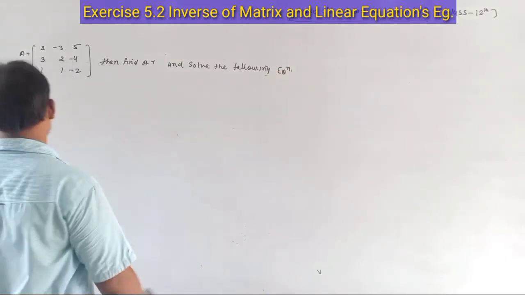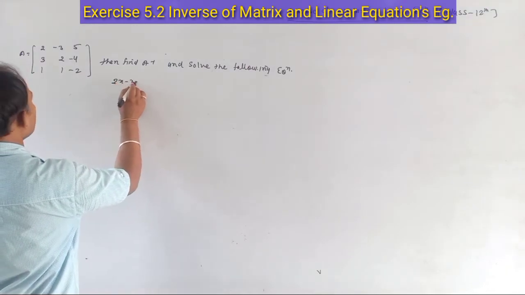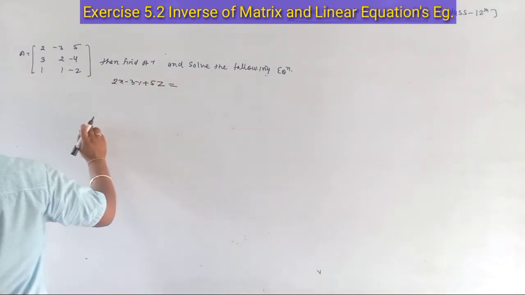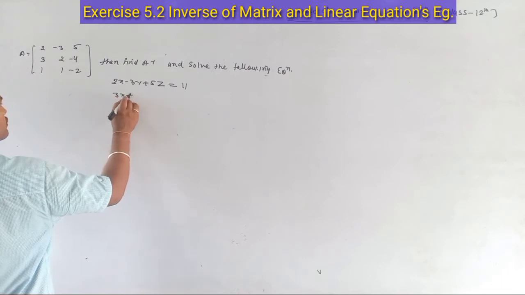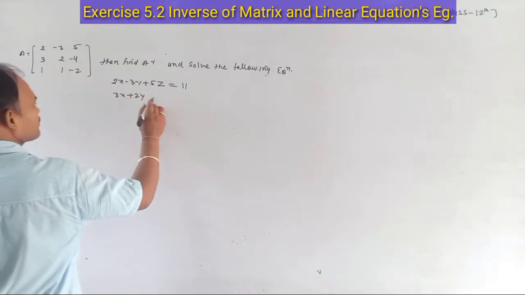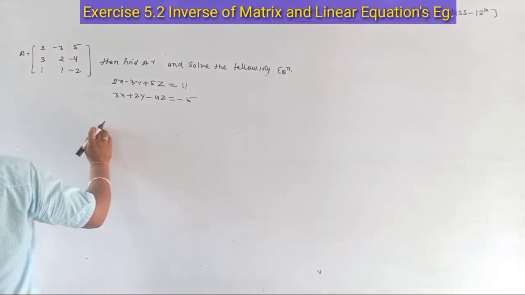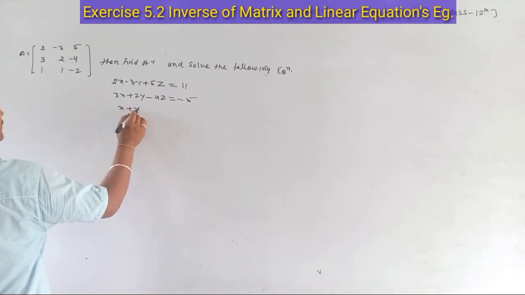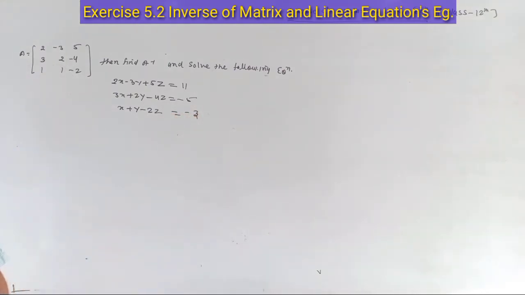The equations are 2x minus 3y plus 5z equal 11, and 3x plus 2y minus 4z equal minus 5, and x plus y minus 2z equal minus 3. I again repeat: 2x minus 3y plus 5z equal 11, 3x plus 2y minus 4z equal minus 5, and x plus y minus 2z equal minus 3.